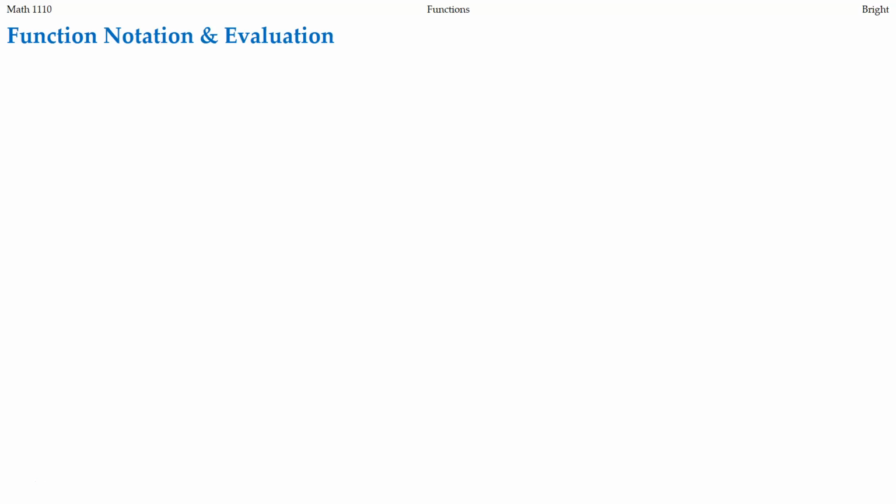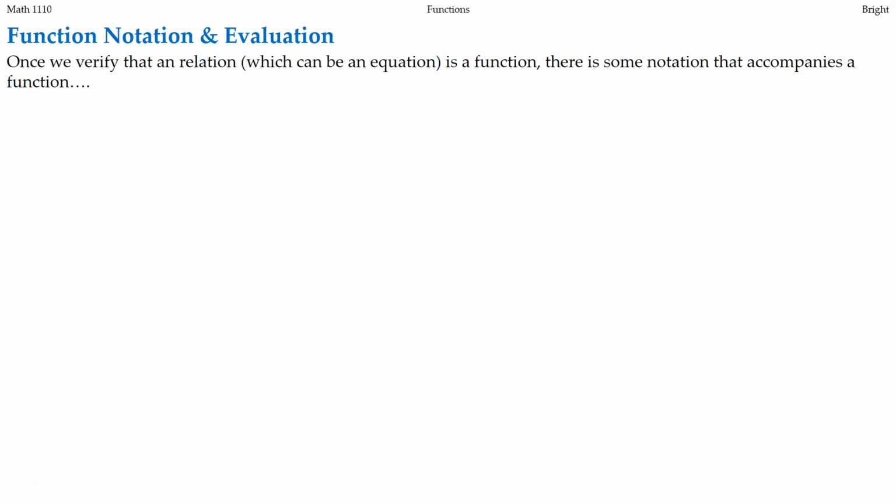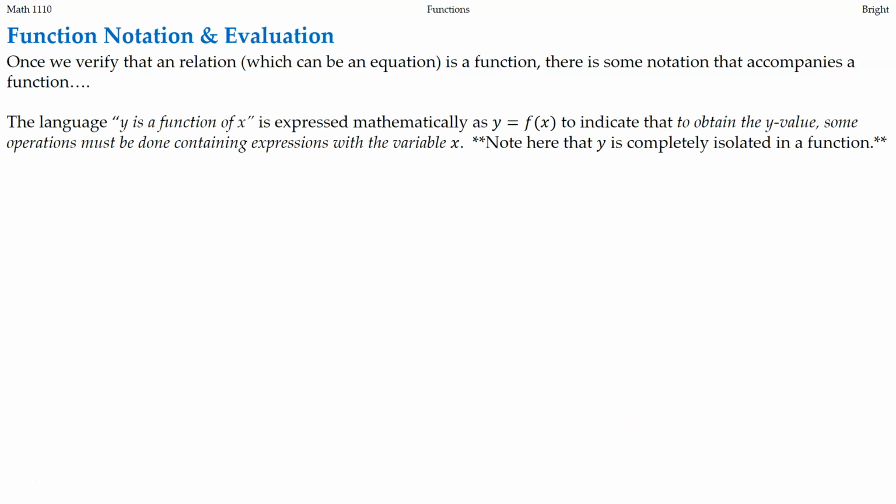But once we verify that something is a relation, there are tools that accompany a function that we need to be familiar with. Domain and range is one, but then the language that we see is actually super critical.